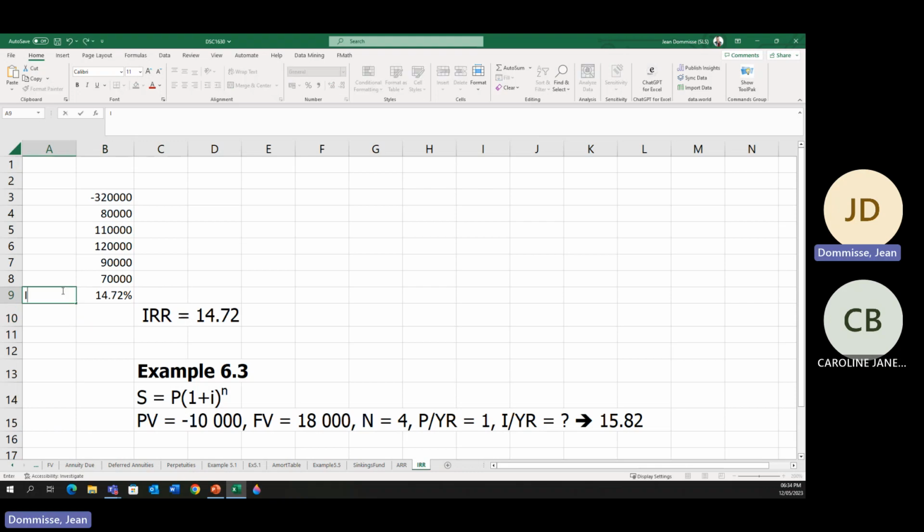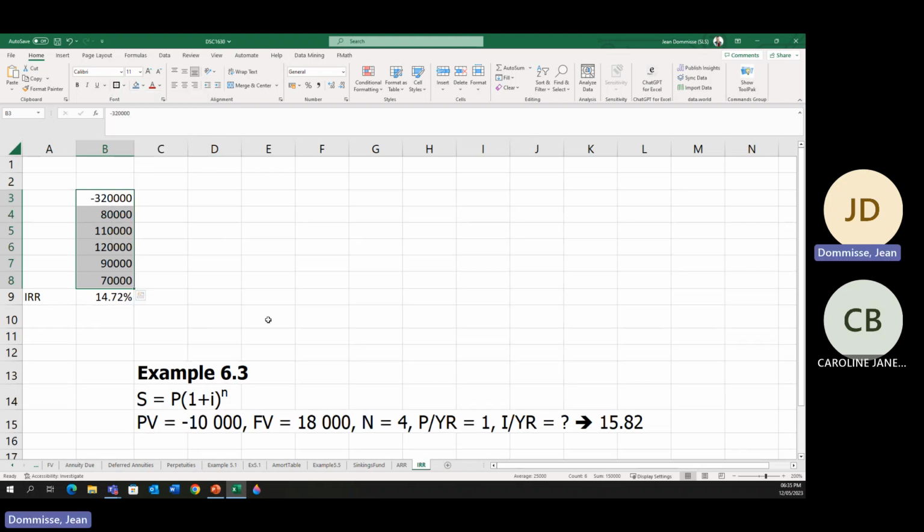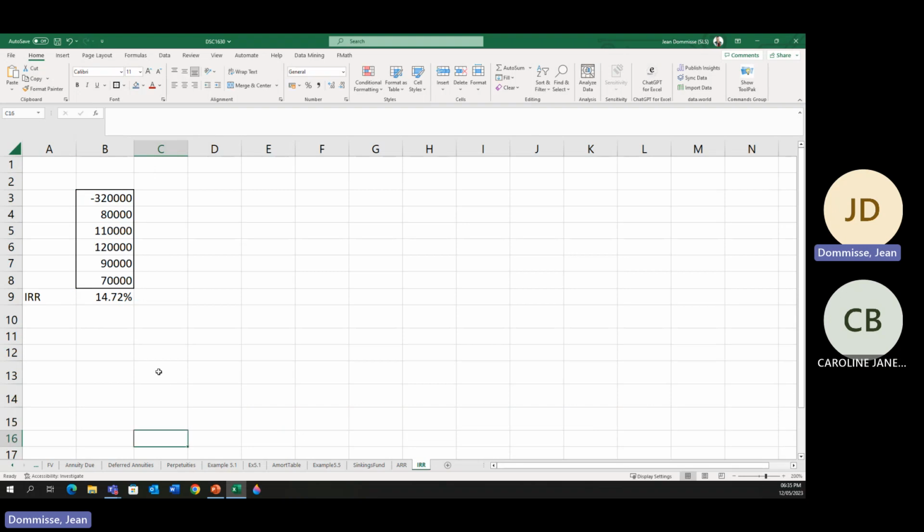okay, so there we have it. So if we just have a set of values, then we can work out the internal rate of return. Okay, so we have the normal future value, the present value, and those kinds of things.